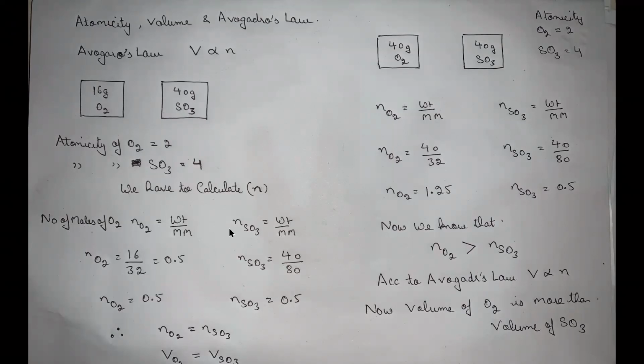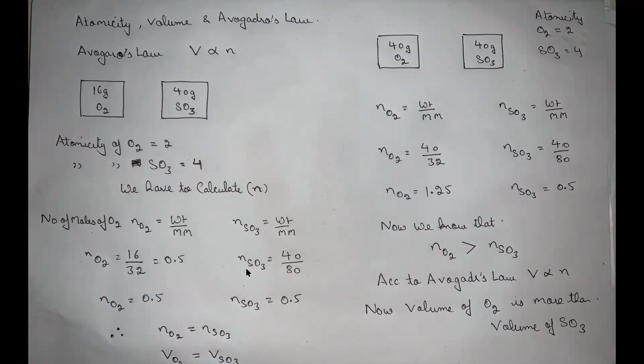But in case of number of moles of sulfur trioxide, we have to divide 40 gram, because we are given a 40 gram sample of sulfur trioxide. To calculate number of moles of sulfur trioxide, we divide the given weight, which is 40, by molar mass, which is 80.